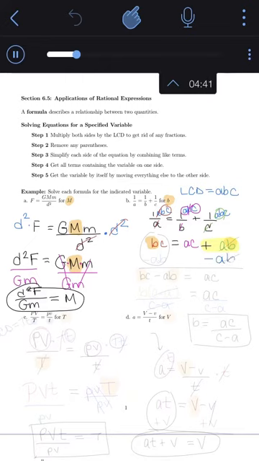Unfortunately, that does put it on the other side, but it doesn't mean that I can put those two together because they're not like terms, but they're at least on the same side together. So we've got a BC minus an AB equals an AC.